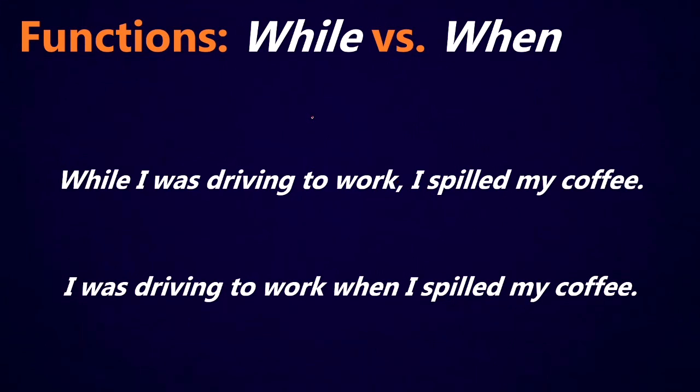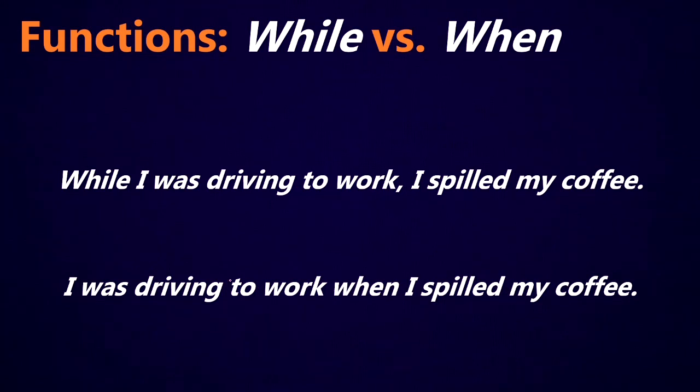Now, when we're using the past progressive, we often use it with these two words, while or when. So for example, while I was driving to work, I spilled my coffee. Or, I was driving to work when I spilled my coffee. If you look at these two sentences, both sentences are basically the same.